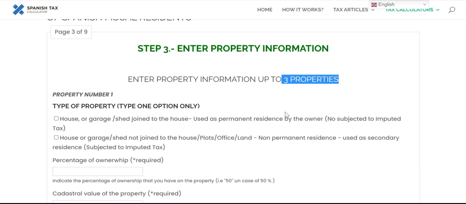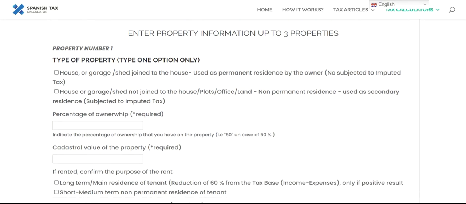For example, an apartment with a garage, which can be another property, and also a shed, which can be independent properties, or for example, 2 apartments in Spain. But for the example that we are considering right now, imagine that you have a house which is used as your permanent residence.